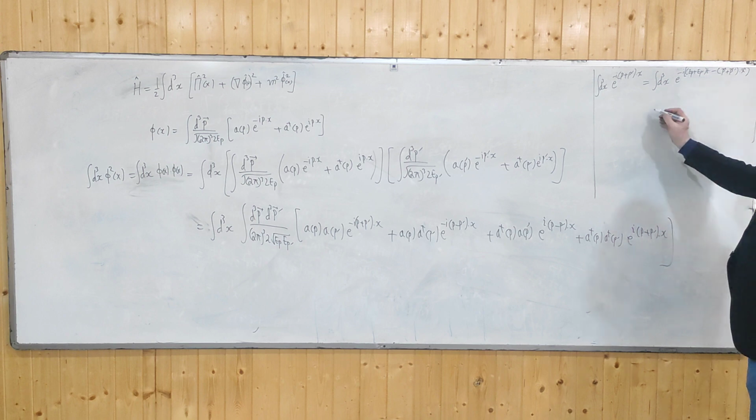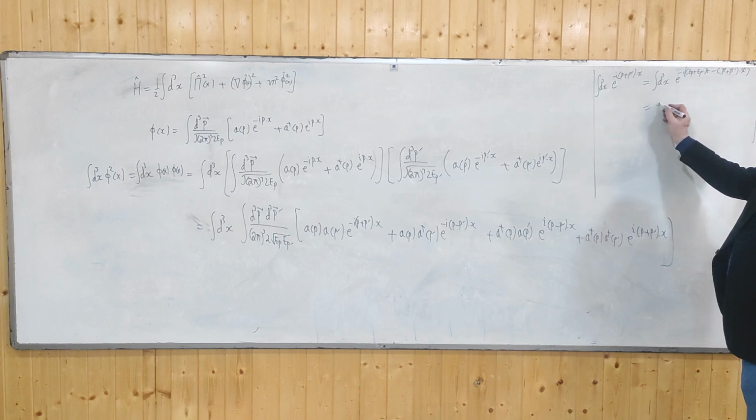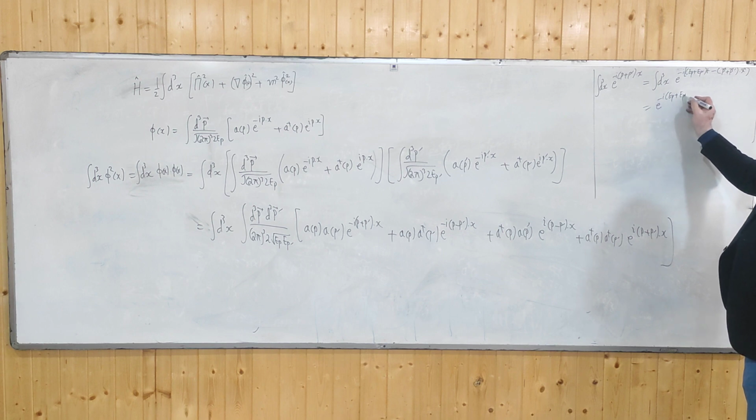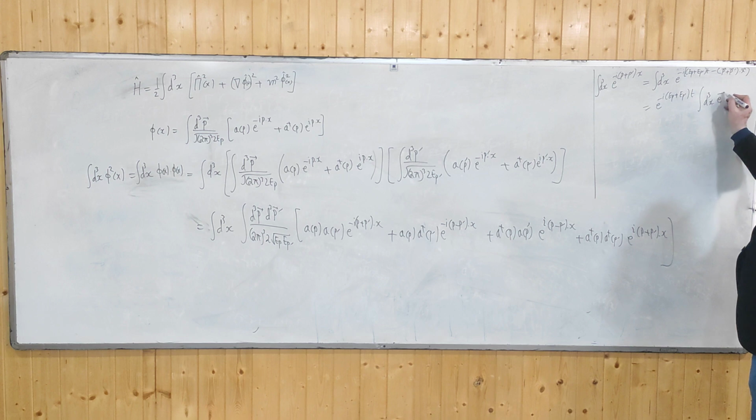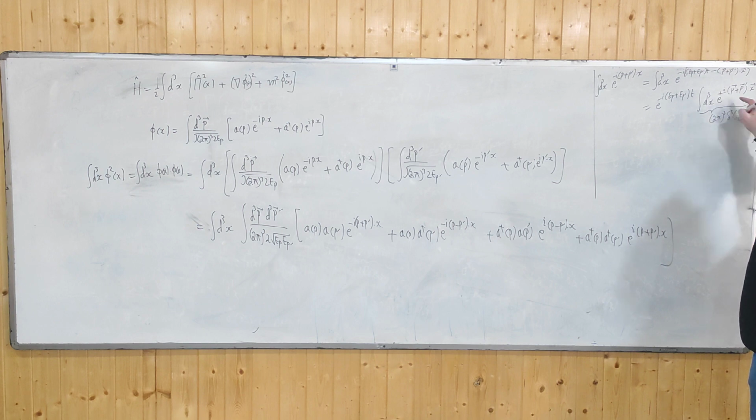The time part comes out because there is no integration over it. So it is (E_p plus E_p prime) t, then you have the integration over d^3x of e to the power i (p plus p prime) dot x. This object is equal to (2 pi)^3 delta^3 of p plus p prime. What is the argument here?